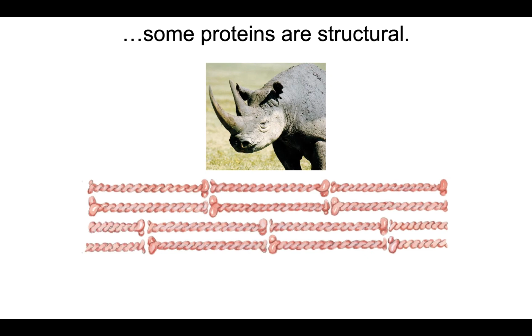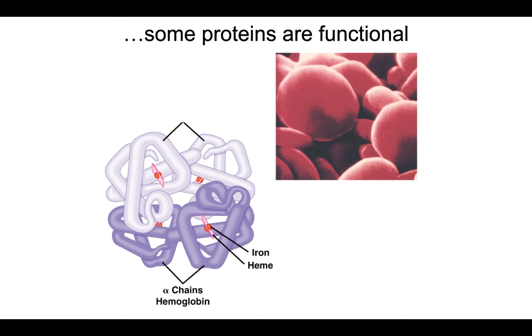Some of these proteins might play a structural role, like keratin in your hair or in the horns of this rhino. Some may play a more active role. For example, hemoglobin here that holds and transports oxygen within red blood cells.